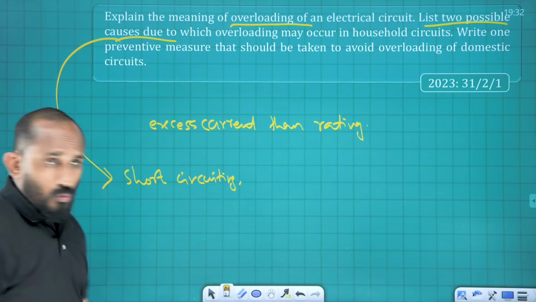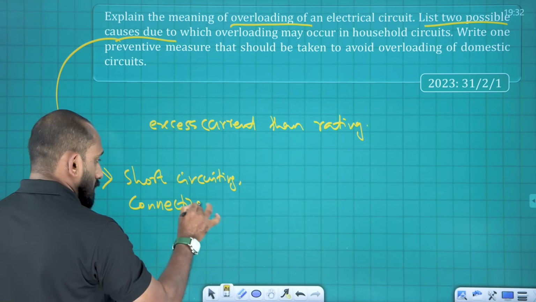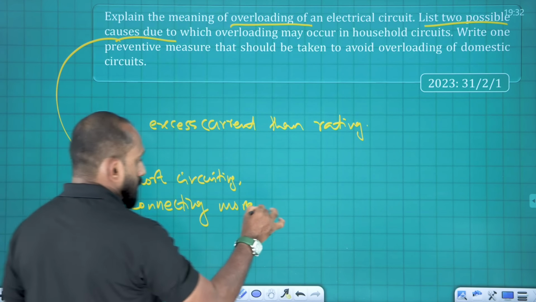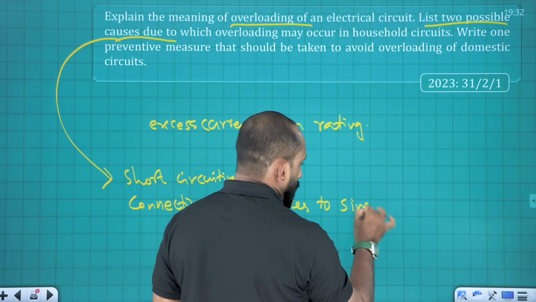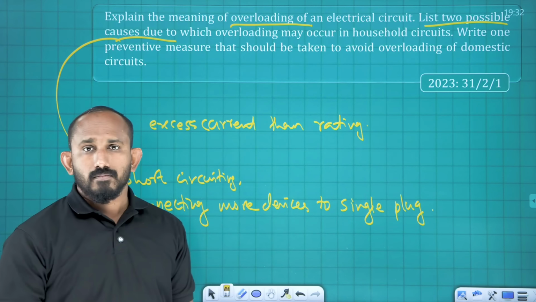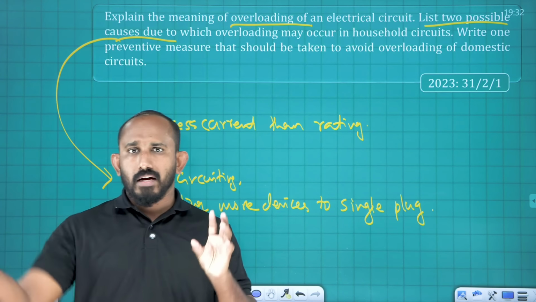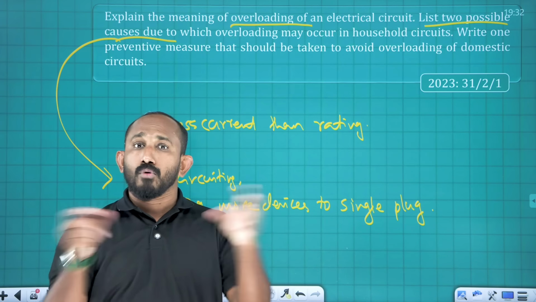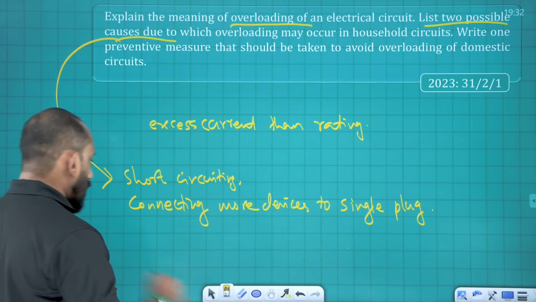We can say 1, connecting more devices to a single plug point. Like in a single plug point, sometimes 5 ampere range will be there. If you connect 3 or 4 together, then more current has to pass through it. It causes overloading. Then wrong connections.